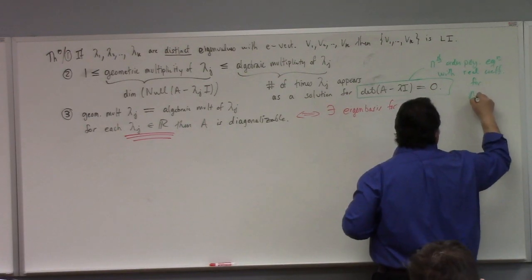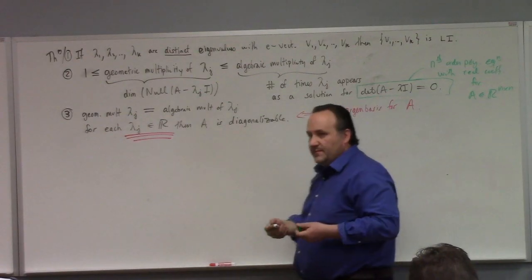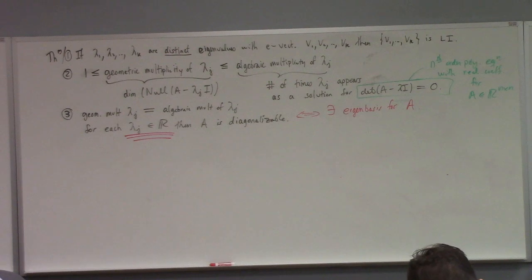But we know the fundamental theorem of algebra says such an equation has n solutions, possibly repeated, possibly complex. Now, because the polynomial that we're looking at has real coefficients, it follows that the complex solutions have to come in conjugate pairs. So all is not lost.